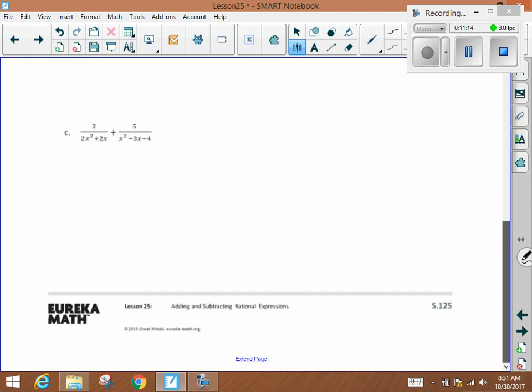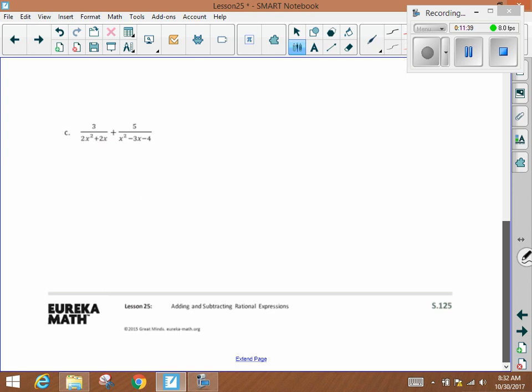All right, so now we got down to the nitty-gritty. We have some more hefty polynomials in there to work with. Guys, the trick is to factor first. Always, always, always see if you can factor first.